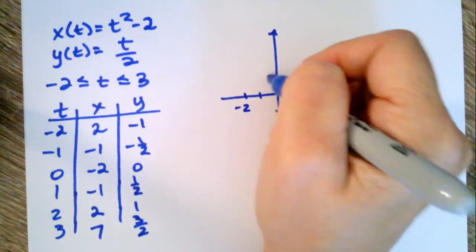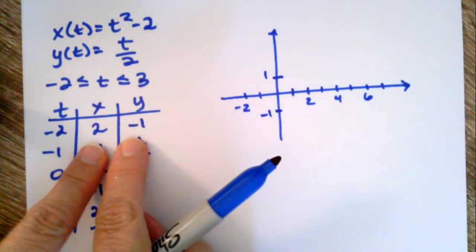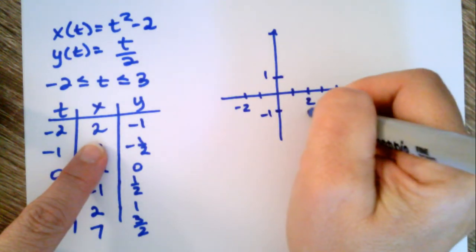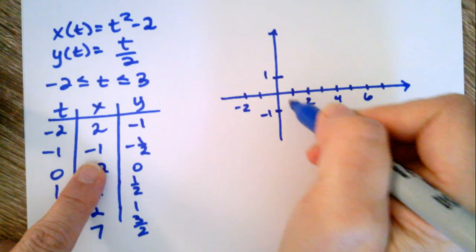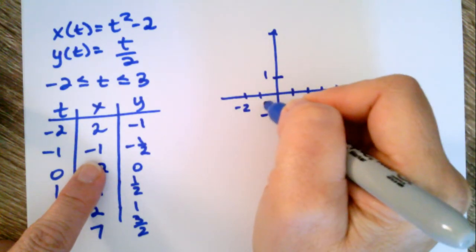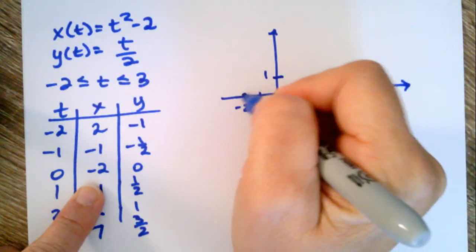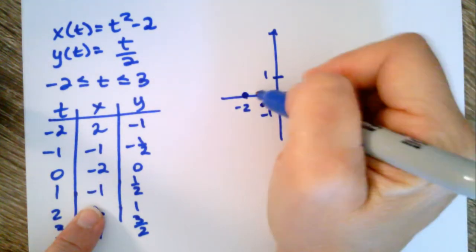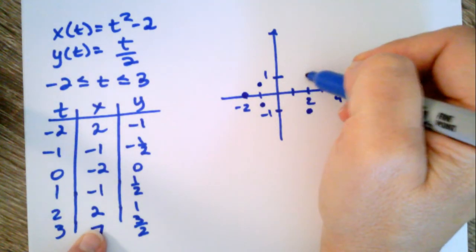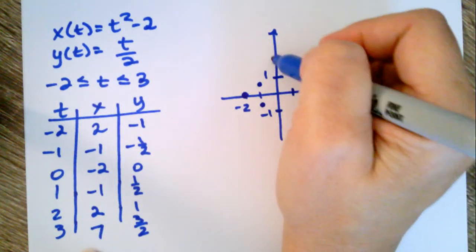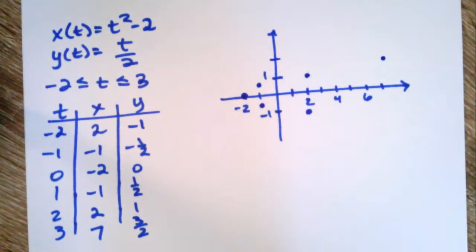Okay, so I'm going to start with this point at 2, -1, right here. Then it goes to -1, -1/2, about here. -2, 0, -1, +1/2, 2, 1, and 7, 3/2, maybe about there.